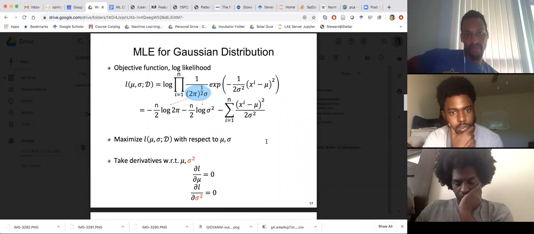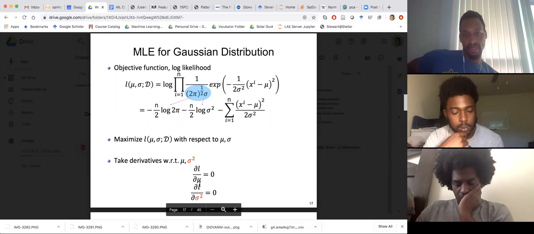And here it's just showing the method. So first you maximize with respect to mu. Okay, so it's doing both actually. Take the derivative with respect to mu and theta, or not theta, sigma squared. Sigma squared, yeah.